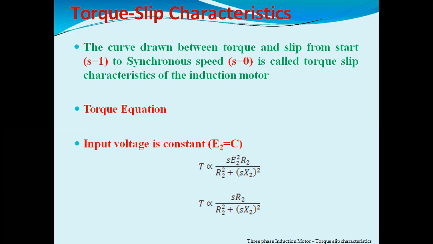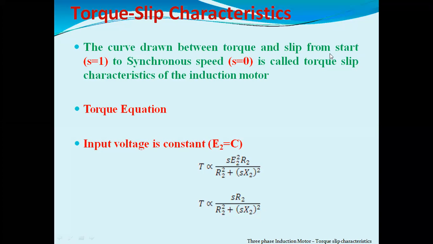The curve runs from slip equal to 1 at start to synchronous speed, where slip equal to 0, because when the motor starts, the rotor speed N increases a lot compared to ns.